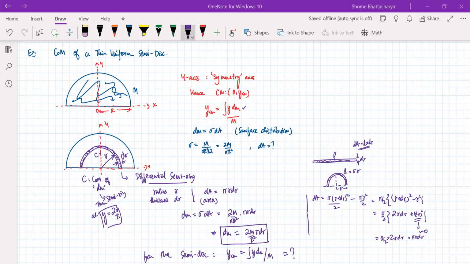The smallest semi-ring will be like a dot at the origin, and the largest one will be the circumference of the semi-disk, so it will be at capital R. So put that range of values and see what you're getting for the y coordinate of the center of mass. Just complete the integration and send me the answers.